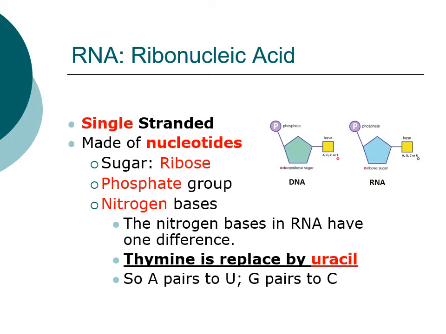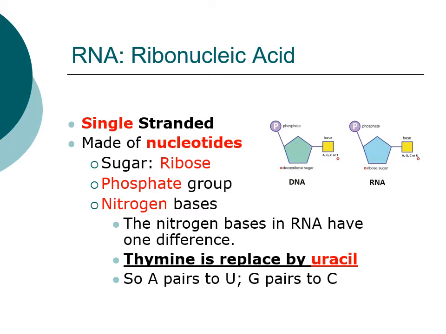So in DNA, the sugar is deoxyribose. In RNA, it's just ribose. So that's why you have a D there and an R there, because RNA is ribonucleic acid. So the first letter has to do with the name of the sugar that's in the molecule. There's also differences in the nitrogen bases, where DNA has A, T, C, and G, right?